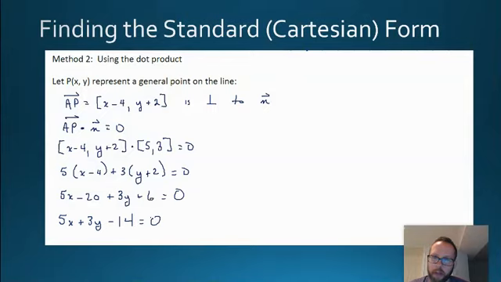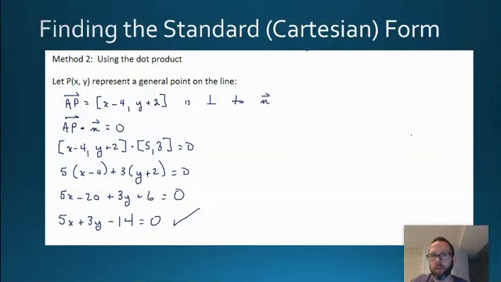And the standard form kind of falls out, giving you the right c value, which is the same as we got before. So I think that method is really neat. And we will come back to this method later on when we get to equations of planes in R3. But I thought that was pretty cool, a second way to find the Cartesian form of a line.